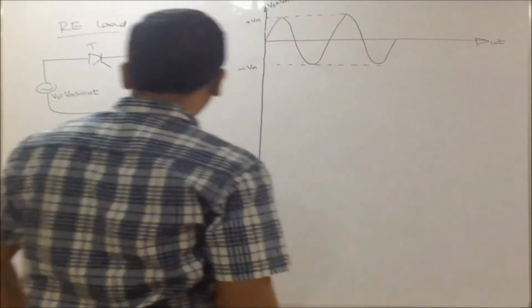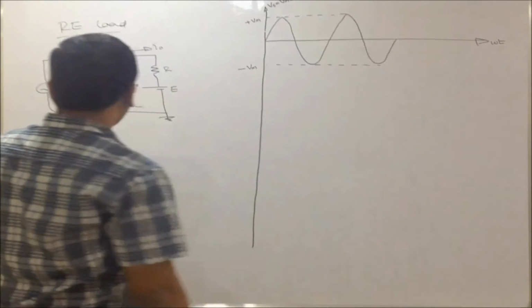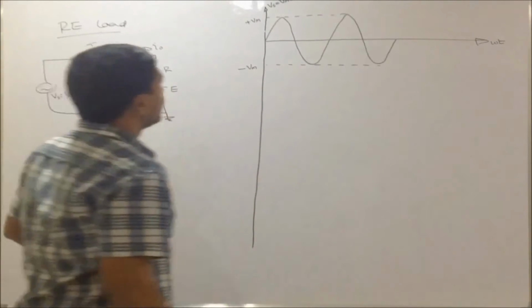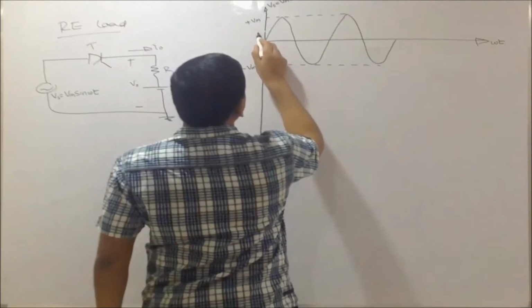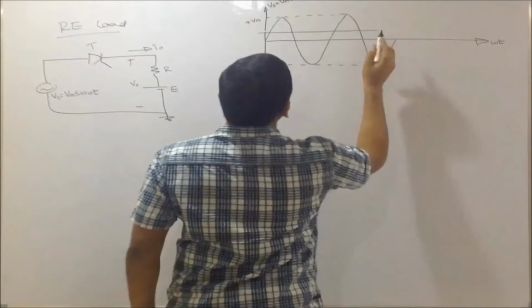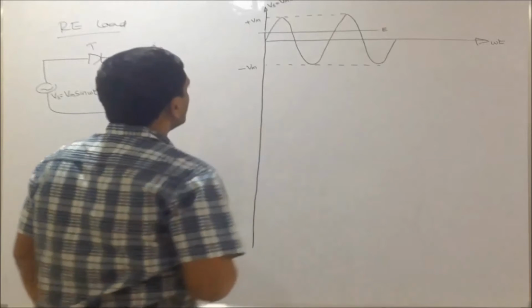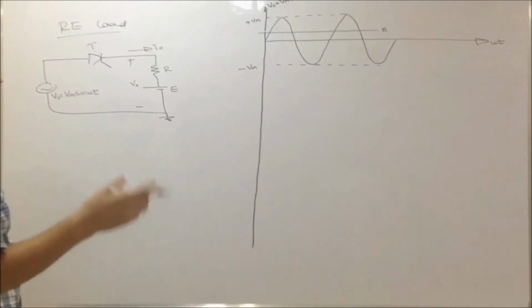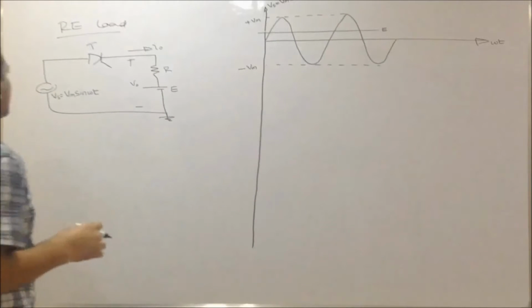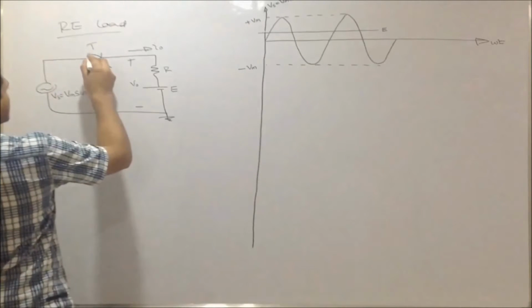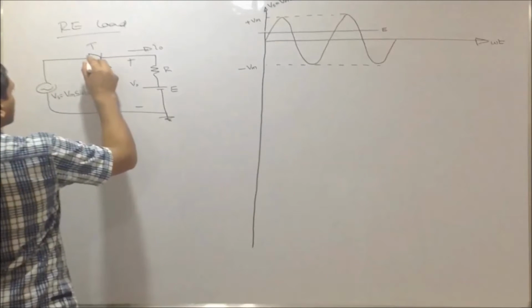Now, what I have is some EMF in the load. Let it be this value. Assume initially there is no current in the load, so I0 is 0.